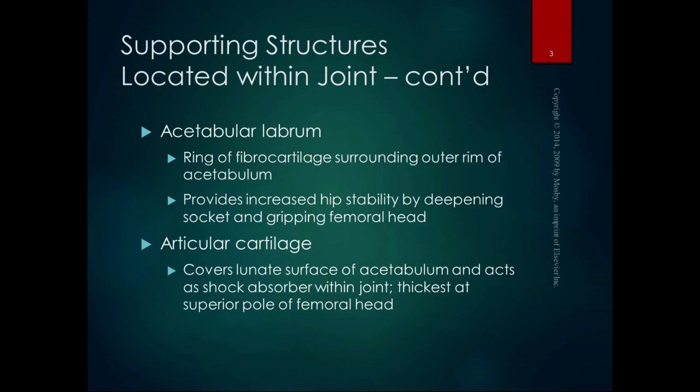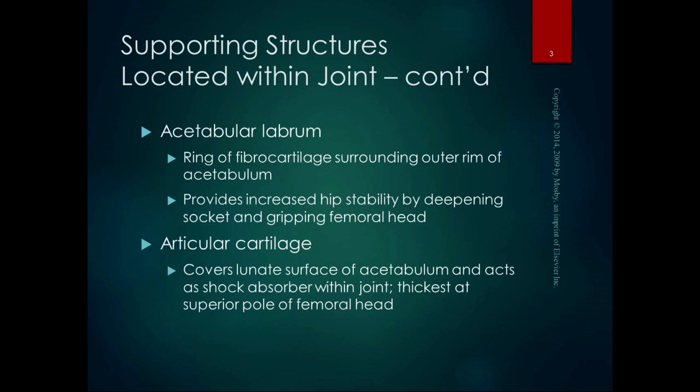And it deepens the cup and it grips the femoral head. So when you have a labrum tear, that causes instability. Because it's fibrocartilage, it doesn't have a great blood supply, it doesn't heal well. And so a lot of times labrum tears are not going to heal on their own, they require surgery. And what do you think we're working on in physical therapy? Can we affect their labrum? Probably not. We're working on strengthening the muscles to stabilize the joint.